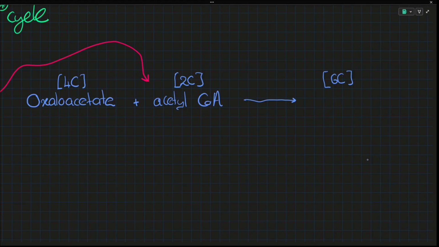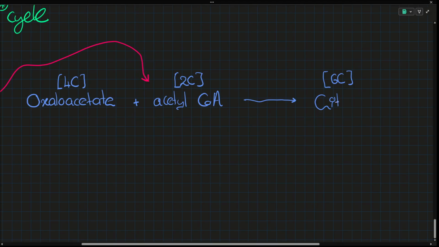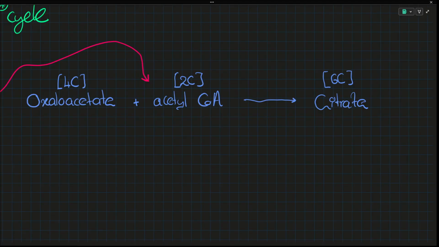Here we're combining these two things to produce something known as citrate. Citrate, and this is actually why this is known as the citric acid cycle, because citrate is involved.